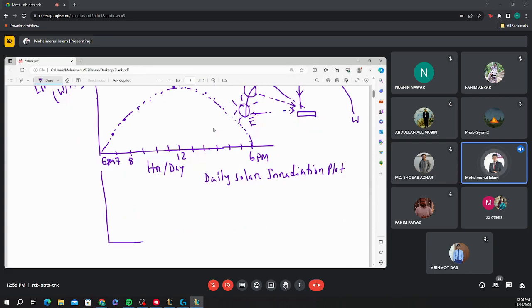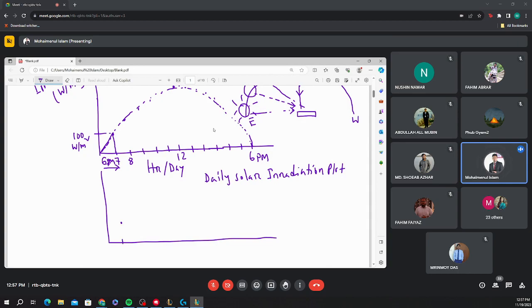We just need to multiply the time with the power, right? Suppose you have power 100 watt per meter square. You consider 1 hour time. So 100 watt per meter square into 1 hour, you are getting 100, right?